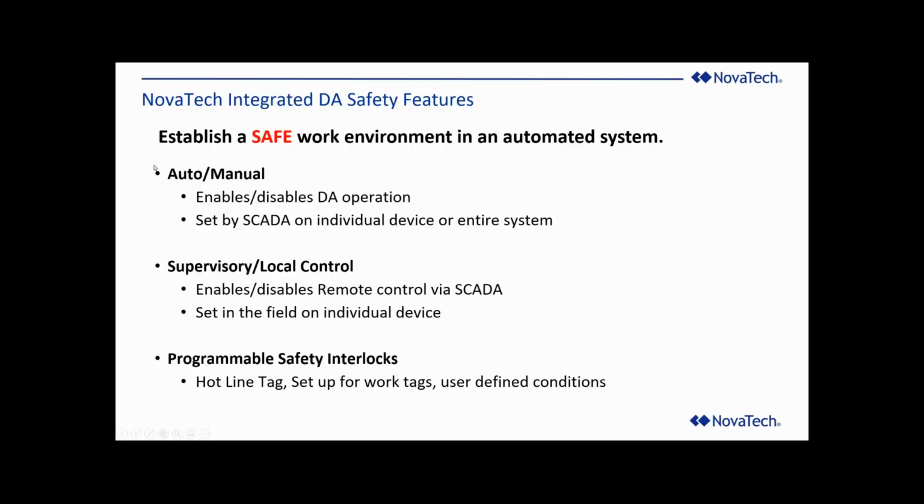The three categories, or the three inputs that we have designed into the software to establish a safe work environment, is an auto manual control, a supervisory or local control, and what I'd call a programmable safety interlock.